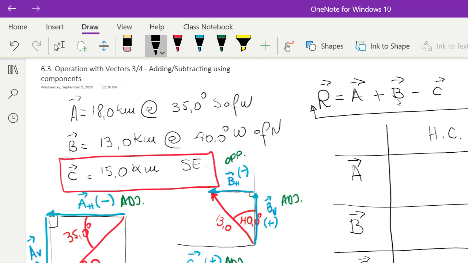So now the horizontal component of vector A is negative because we stated it so. And since we are dealing with adjacent, it will be cosine. So 18 times cosine 35 will be negative 14.7.